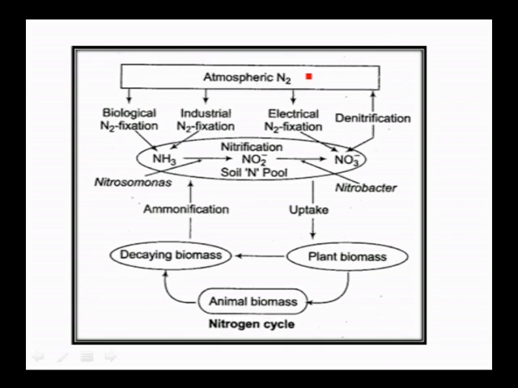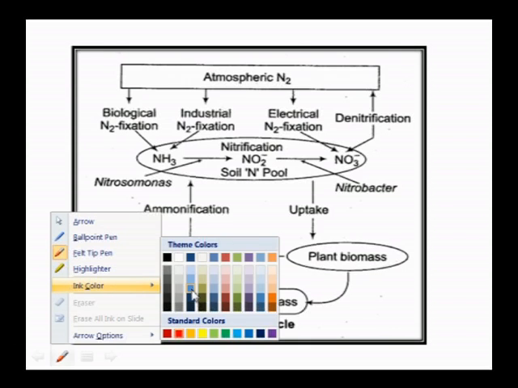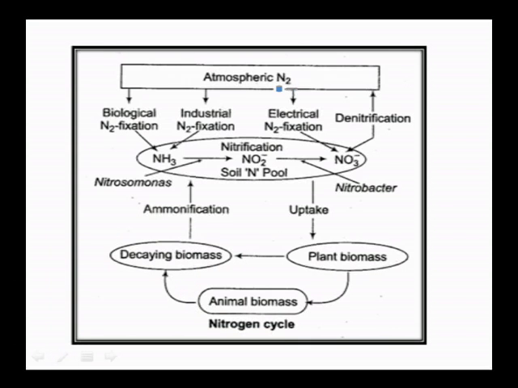Atmospheric nitrogen converts into ammonia by biological nitrogen fixation or industrial nitrogen fixation. The second one is electrical nitrogen fixation: at the time of thunder and lightning, by absorbing energy, the atmospheric nitrogen converts into nitrates, a process called electrical nitrogen fixation.